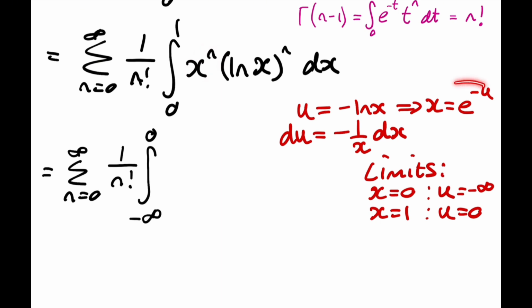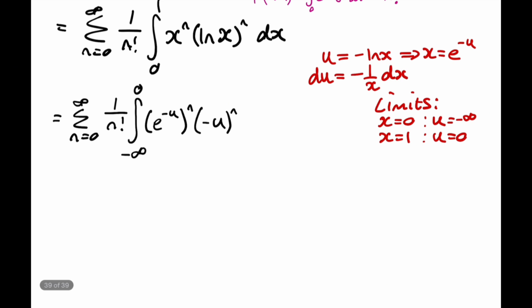Well, we know what x is. X is e to the power of negative u. So we've got e to the power of negative u to the power of n, like so. And then we've got this ln of x right here, and we can change that to negative u. So we've got times negative u, and that's also to the power of n.